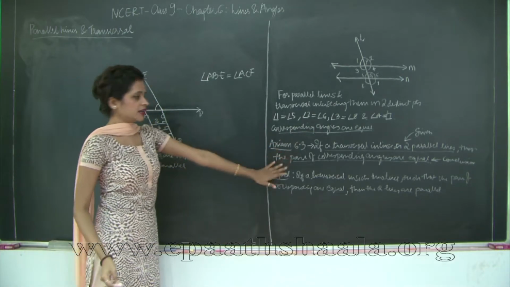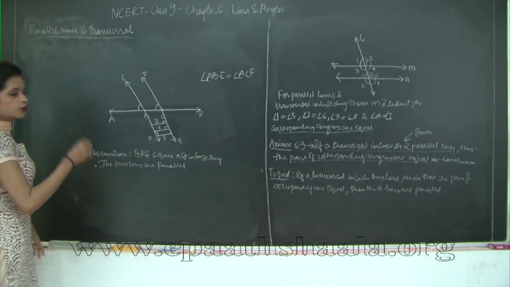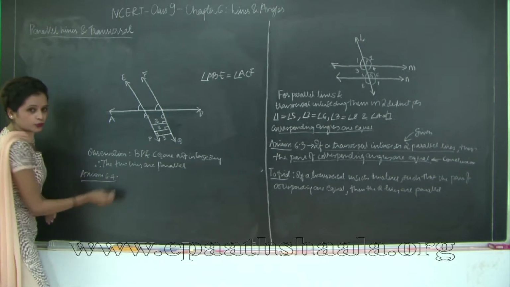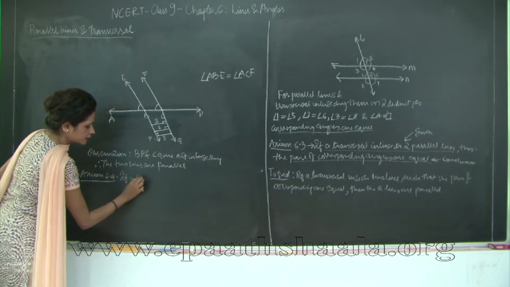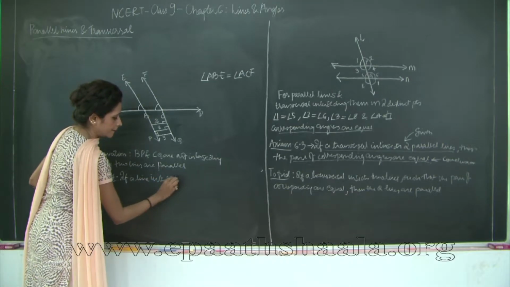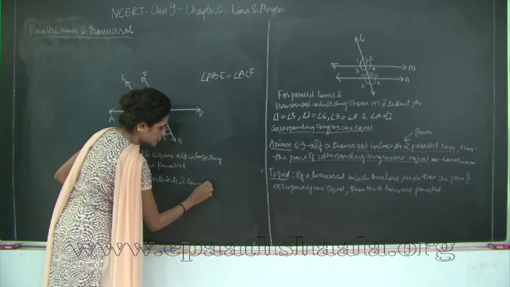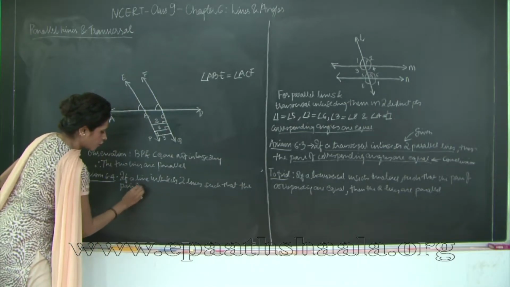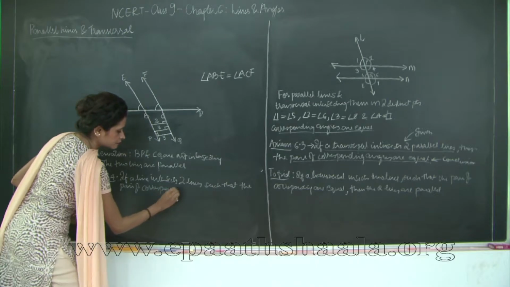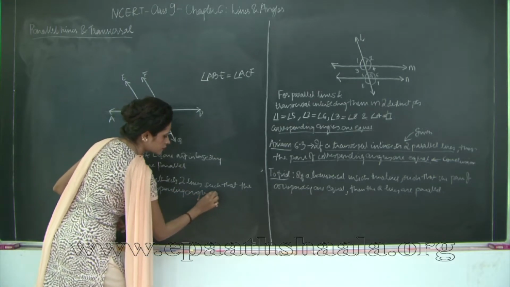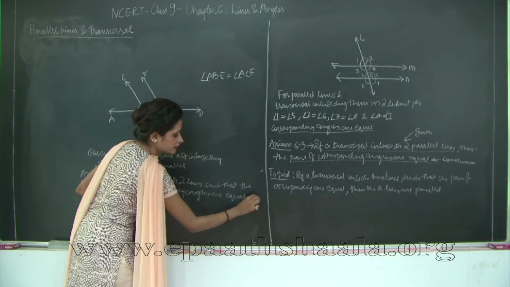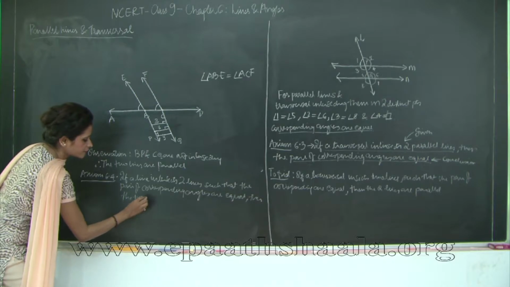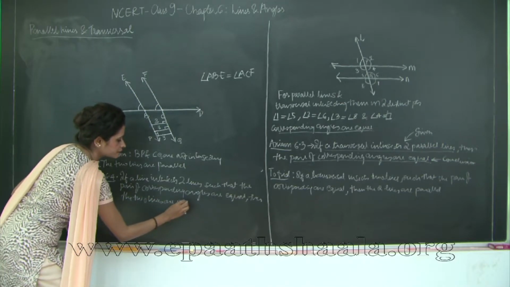So therefore, for axiom 6.3, its converse is true as well, which is going to be your axiom 6.4, which states: if a line intersects two lines such that the pair of corresponding angles are equal, then the two lines are parallel.